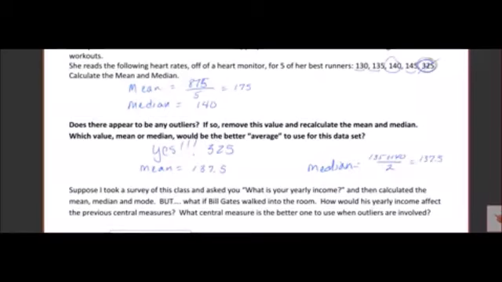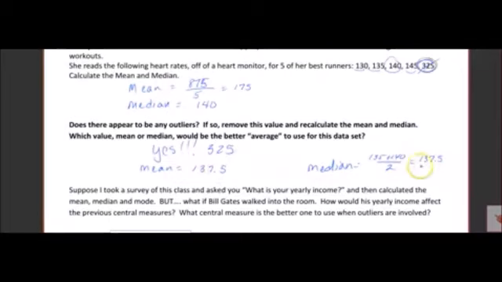If we throw out the 325 and find the value of the mean and the median, the mean would be 137.5 if I add them all up and divide by 4. And the median, since I now have 4 data values instead of 5, is 137.5 because I have to add the 2 pieces of data in the middle together and divide by 2.